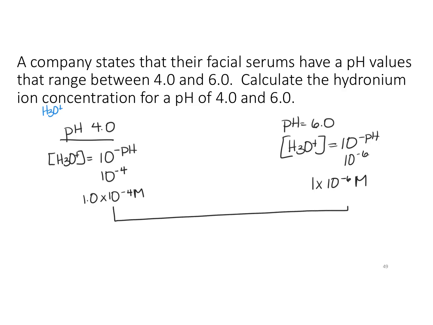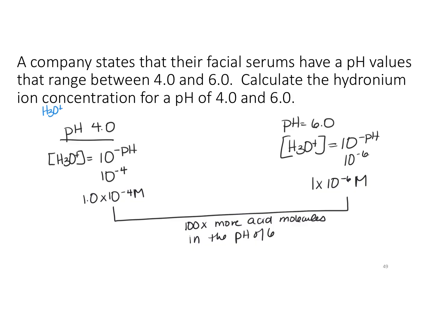Now, I want us to think about these numbers just a little bit. If you go from a pH of 4 to a pH of 6, you have 100 times more acid molecules in the pH of 4, right? So that's a big difference.